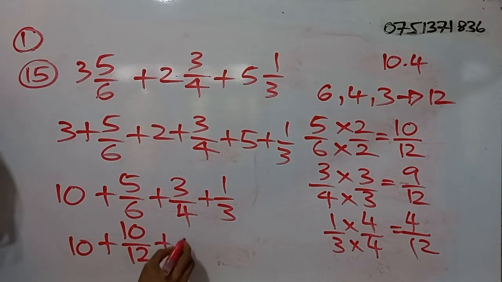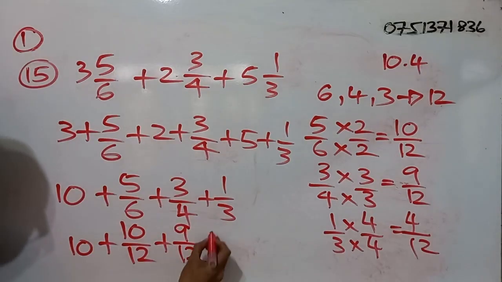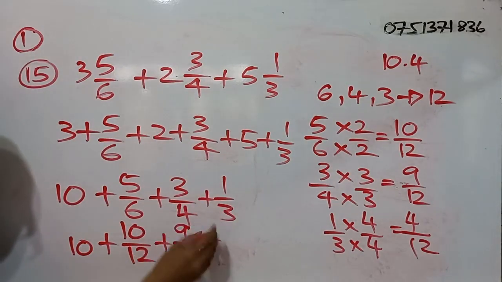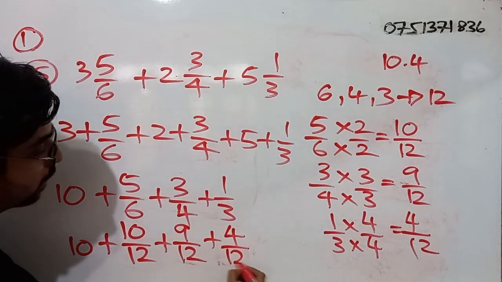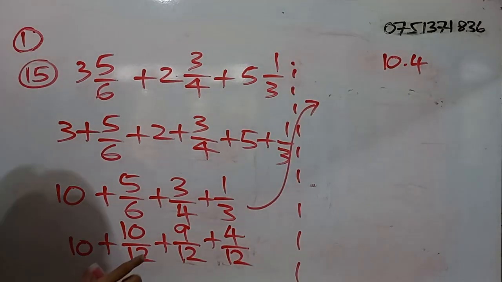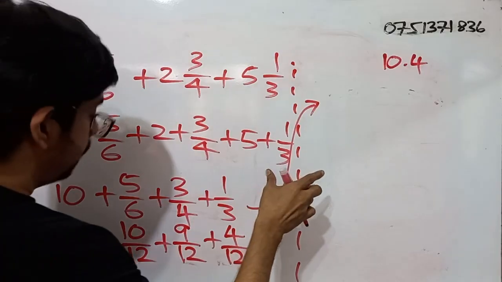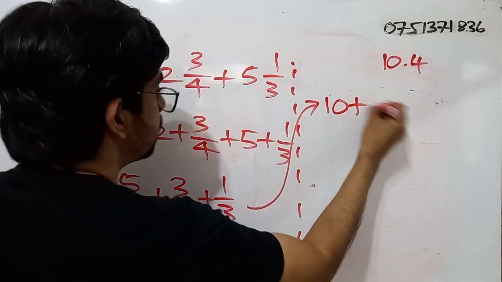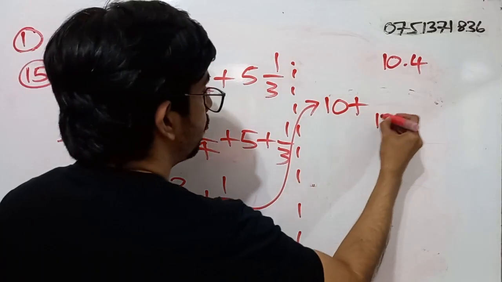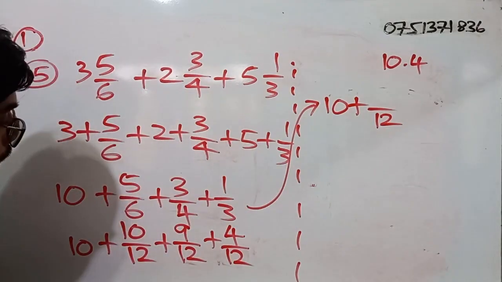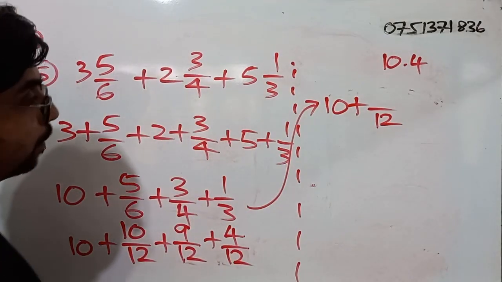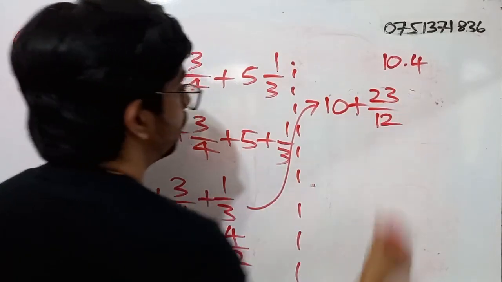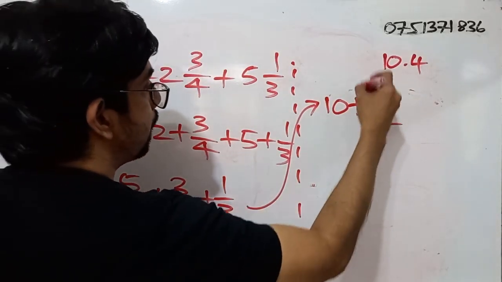Instead of 3 by 4, I can write 9 by 12 plus, instead of 1 by 3, I can write 4 by 12. So now I can simplify on this side. So I can write 10 plus denominator is 12, numerator is what? 19 plus 4, it will be 23. So this is an improper fraction.